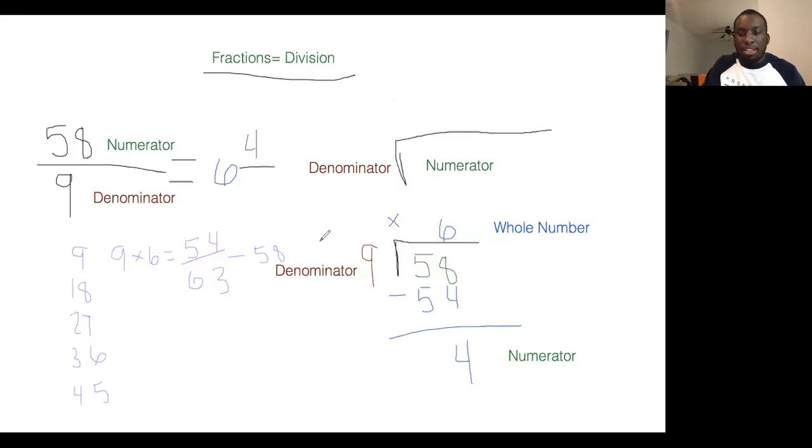And my denominator stays the same, which is 9. And my answer is 6 and 4/9. And since 4 and 9 do not share a factor, this answer is my final answer. I do not need to reduce.